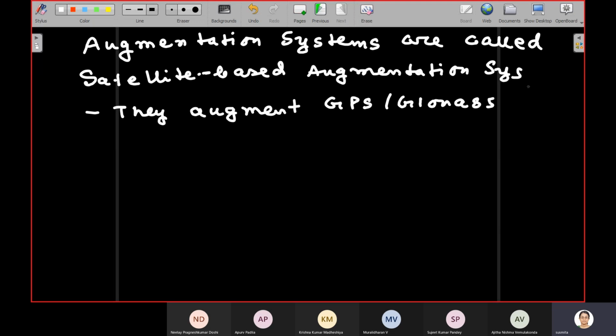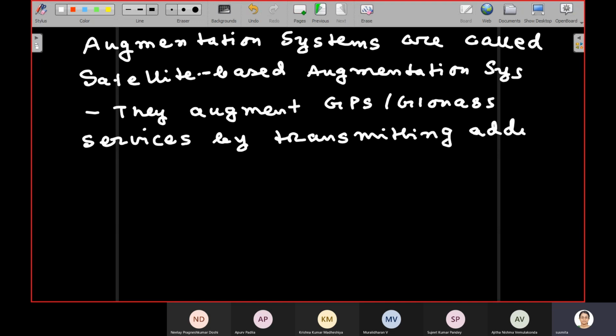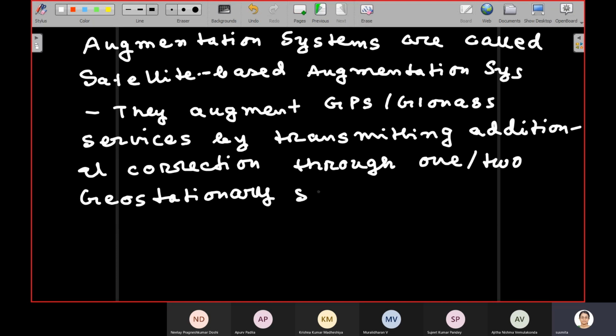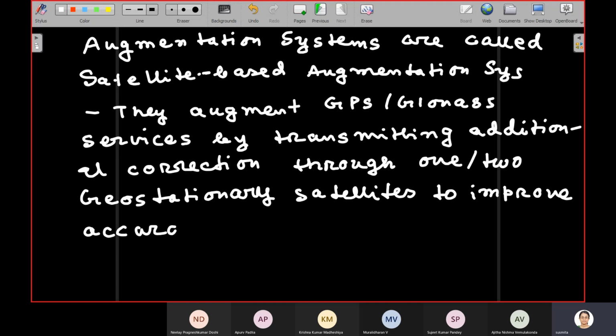There is one system by Russia which also augments GLONASS services, by transmitting additional corrections through one or two geostationary satellites to improve accuracy and reliability.